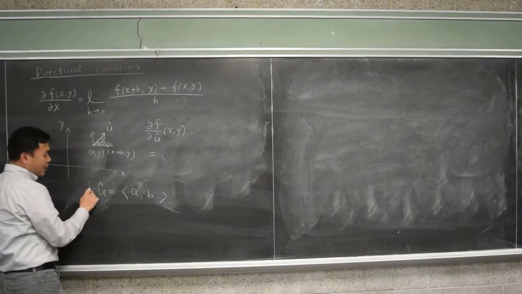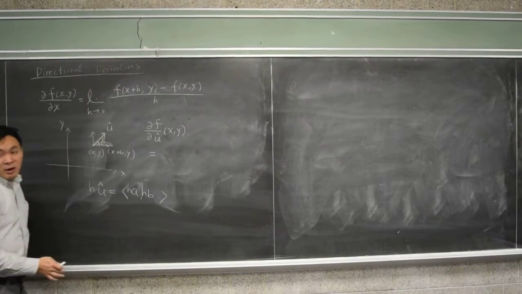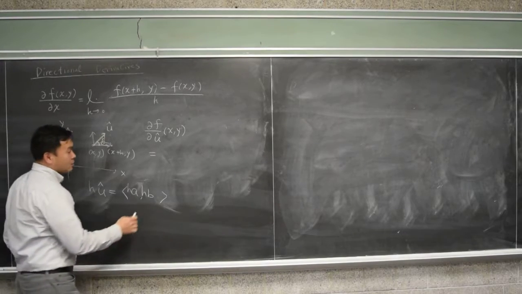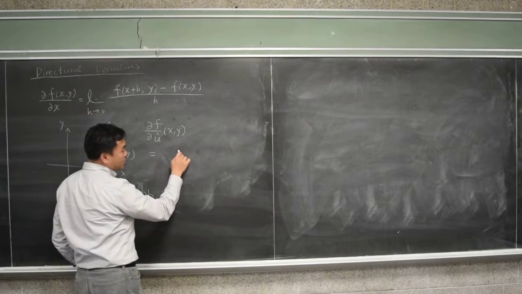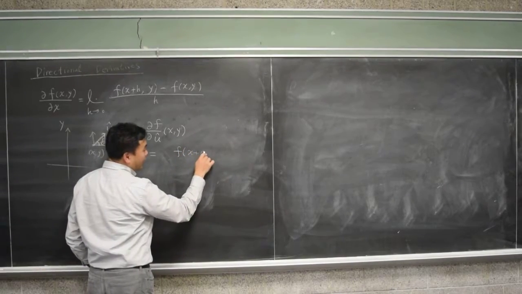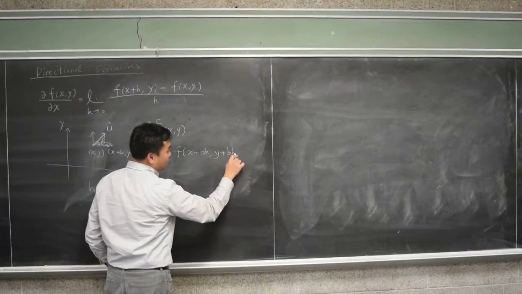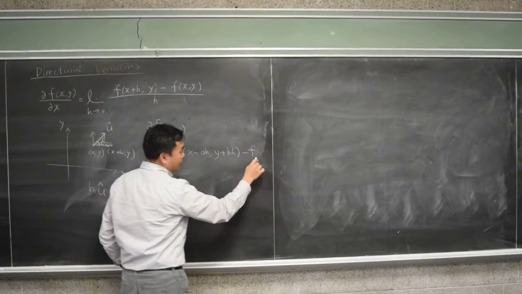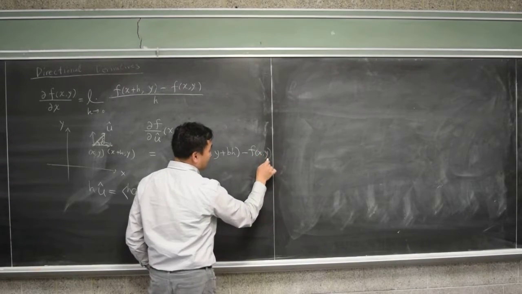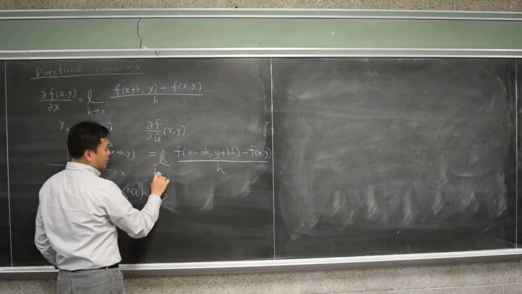So if you multiply by h, these are the increments in x and y that you want to give, and you need to do the following limit. You want to do f of x plus ah, comma y plus bh, minus f of x, y, over h, and you're taking the limit as h goes to 0.